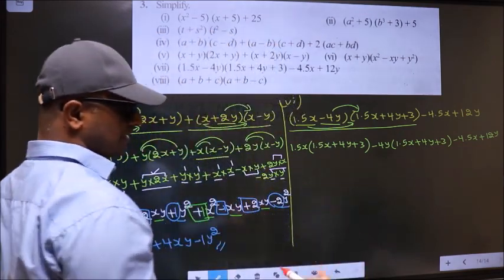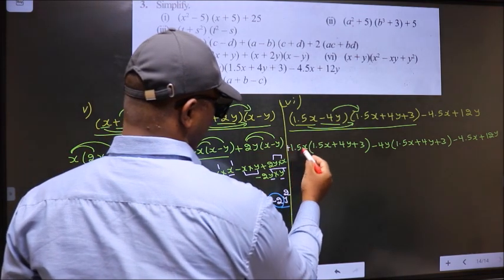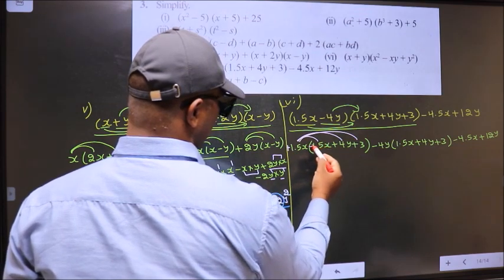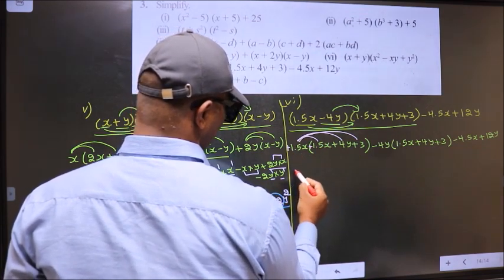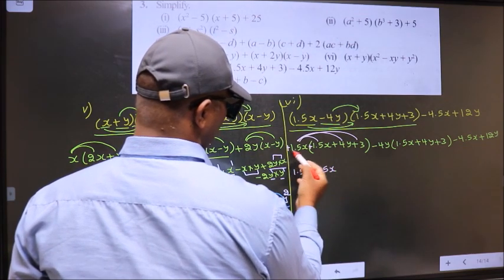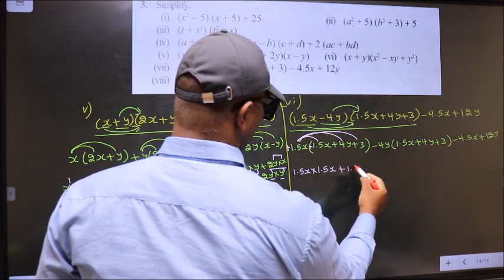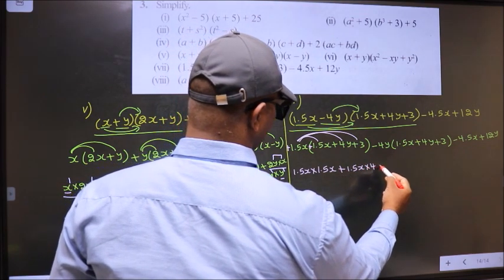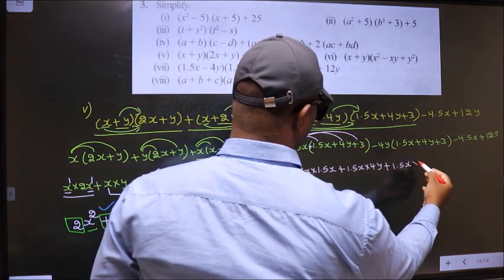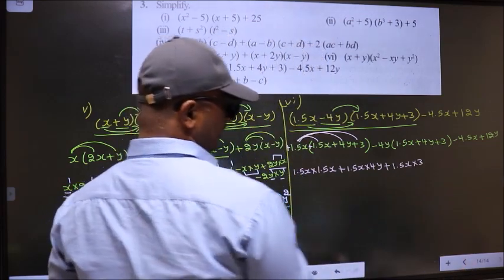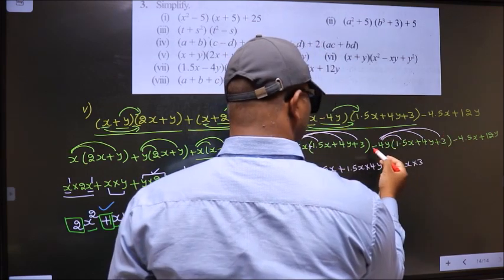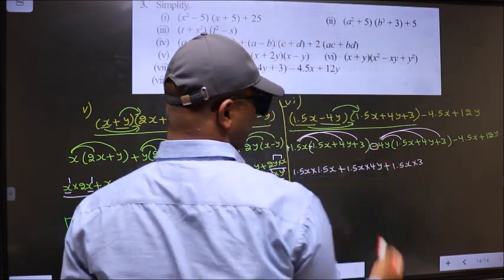Okay. Next. Now with plus 1.5x you open up the brackets. So plus into plus we get plus. So 1.5x into 1.5x, plus into plus plus 1.5x into 4y, plus into plus plus 1.5x into 3. Now here also we should open up the brackets in this way, but careful, here we should not miss negative.